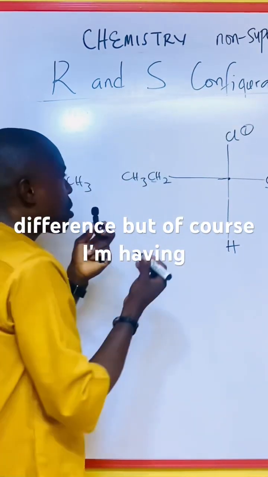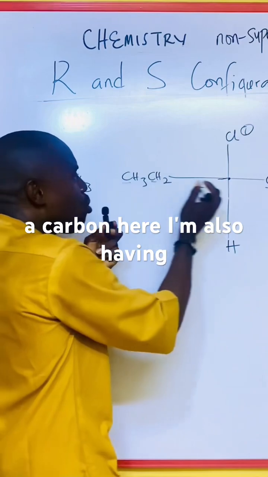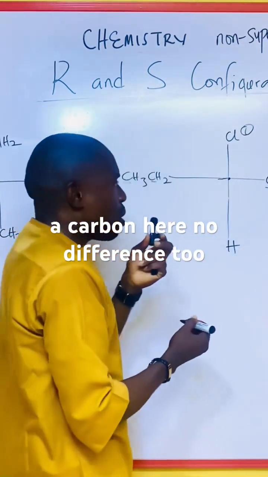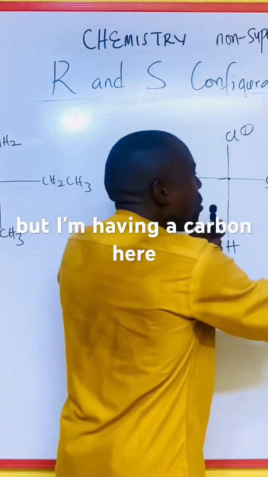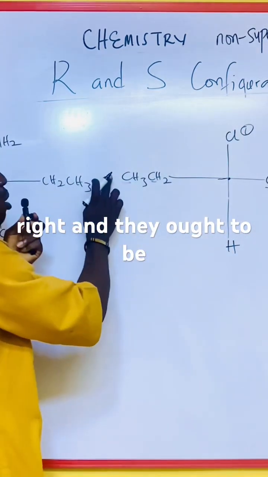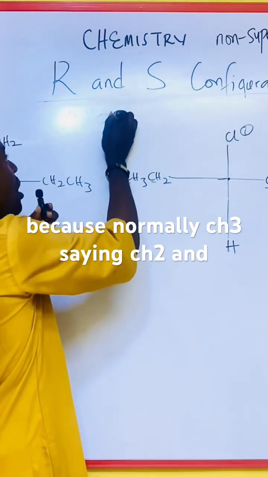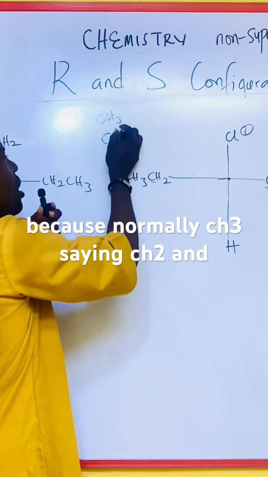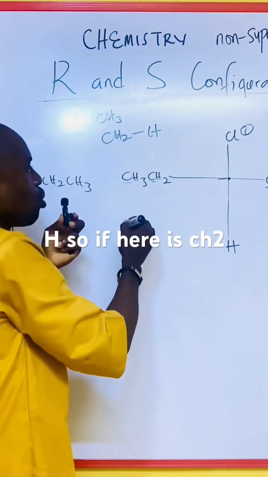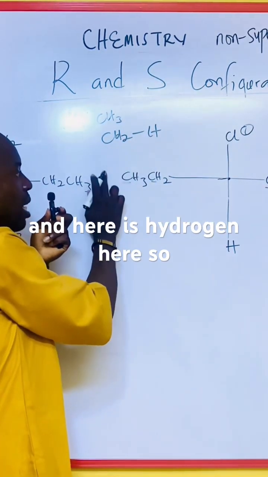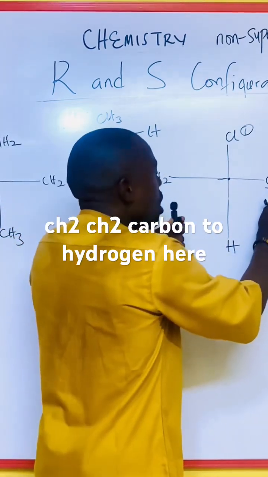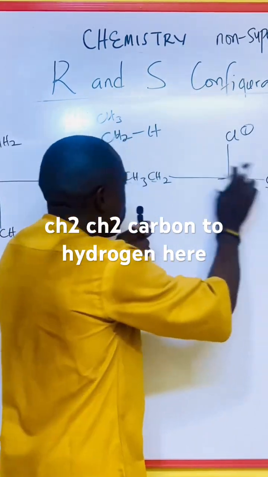But of course, I'm having a carbon here, I'm also having a carbon here. No difference too. But I'm having a carbon here, right? And they ought to be hydrogen, because normally CH3 is same as saying CH2 and H. So if here is CH2 and here is hydrogen, so CH2, carbon to hydrogen here.